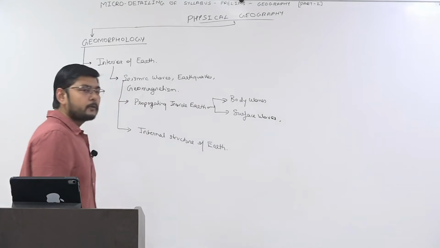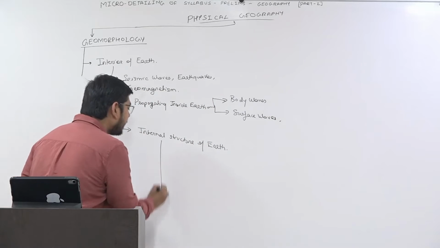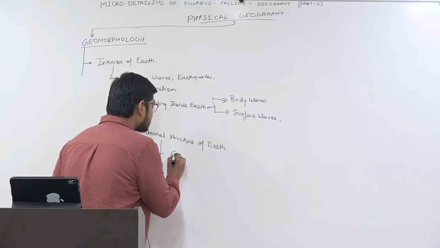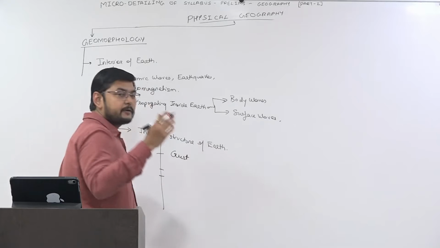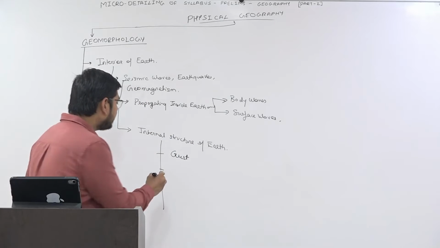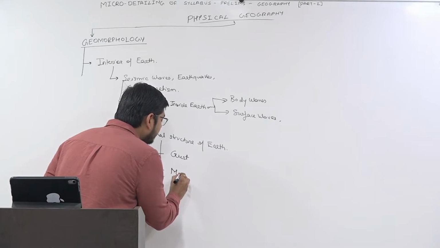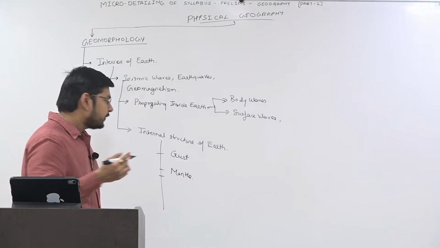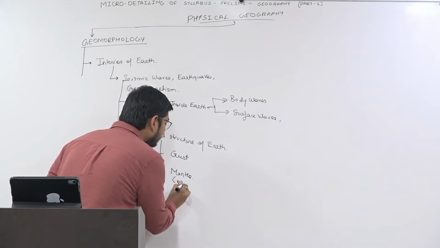When we go to the internal structure of earth, we have a crust. As we dive into the crust, the next thing we have is the mantle. As we go deep inside the mantle, we have the core.